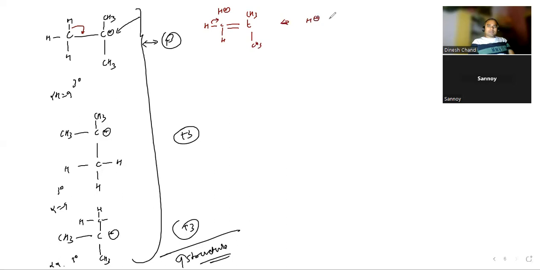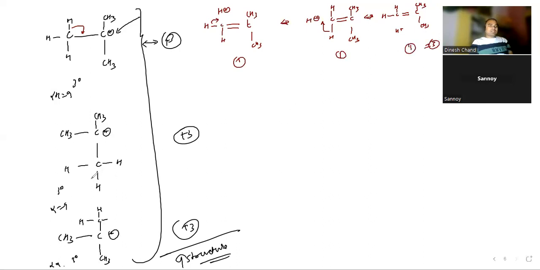H plus, C, the hydrogen, this is hydrogen, double bond, here is CH3, and this is CH3. One more possibility is there, this can shift here. So another structure is also possible. HC, here is H, downside H plus, double bond it will be there, here will be CH3, and this will be CH3. So for one methyl group, how many structures? 1, 1, and 1. So total becoming 3.